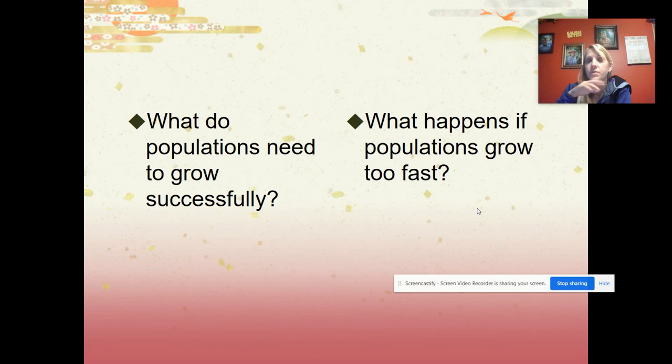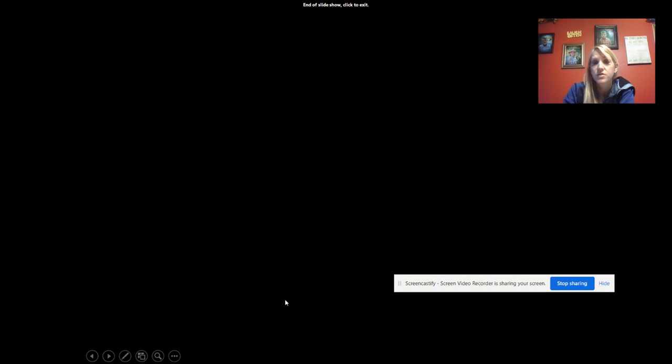They're going to reach their carrying capacity a lot faster, and then they are going to decrease due to all those density-dependent limiting factors we talked about: disease, predation, and whatnot. So that is the end of 4.2. Super short and sweet. Let me know if you have questions.